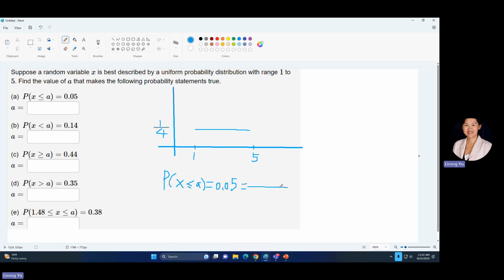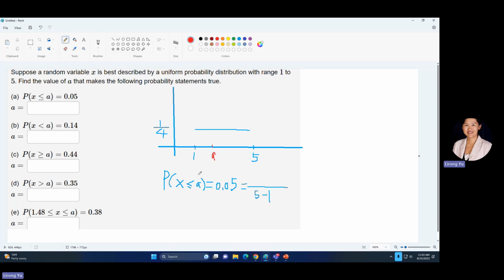This number is a probability, so it must be a ratio between the part and the total. The denominator is still going to be 5 minus 1. The numerator: we're looking for x less than a, so a is right here.